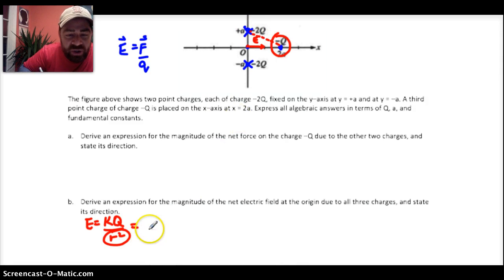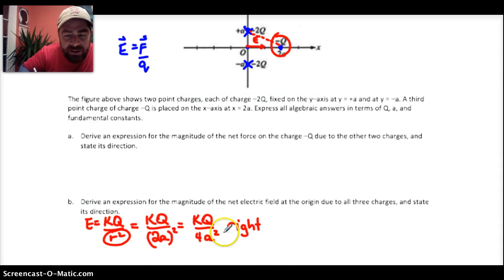In this case, it's just 2a, which is the distance away that the point charge is from the origin. So that becomes kq over 2a, but I have to remember to square that. So then the expression for the electric field becomes kq over 4 times a squared. And of course, I need to indicate a direction, in this case to the right, since it is a vector.